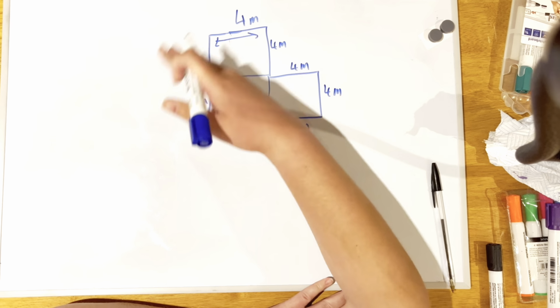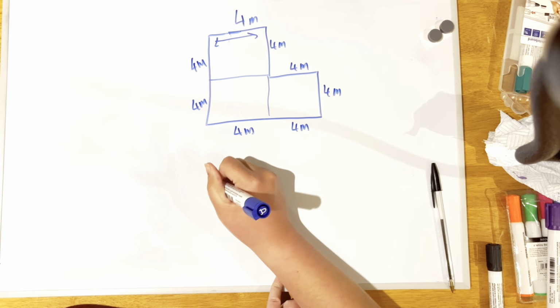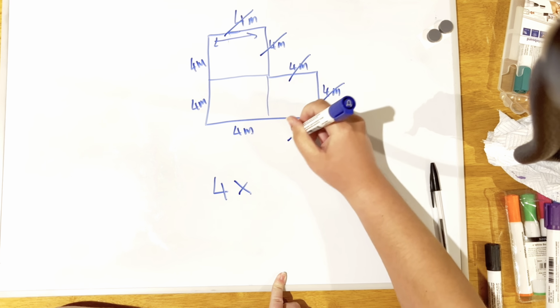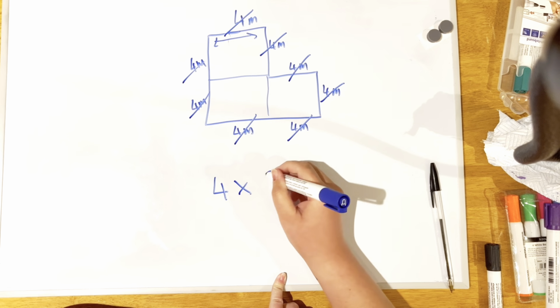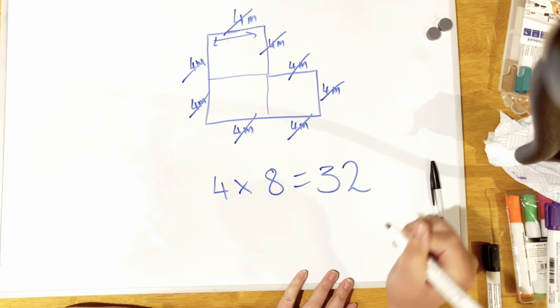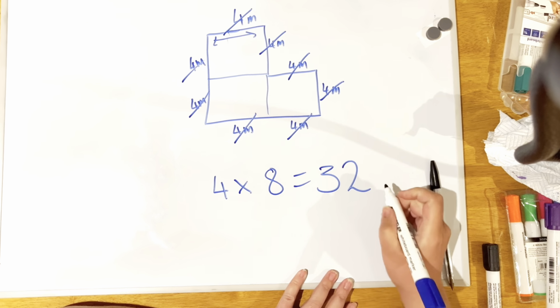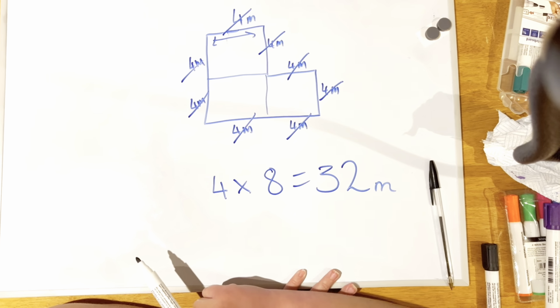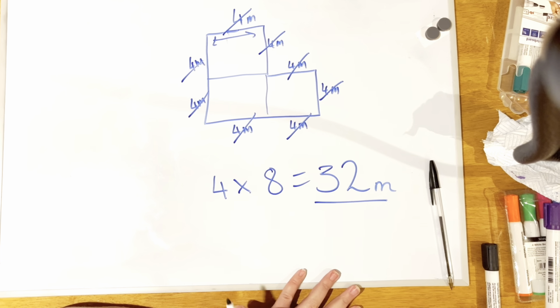Now what I need to do is add these all together. So 4 times 1, 2, 3, 4, 5, 6, 7, 8. So 4 times 8 is 32. What do we need to remember when we're doing it? Meters.